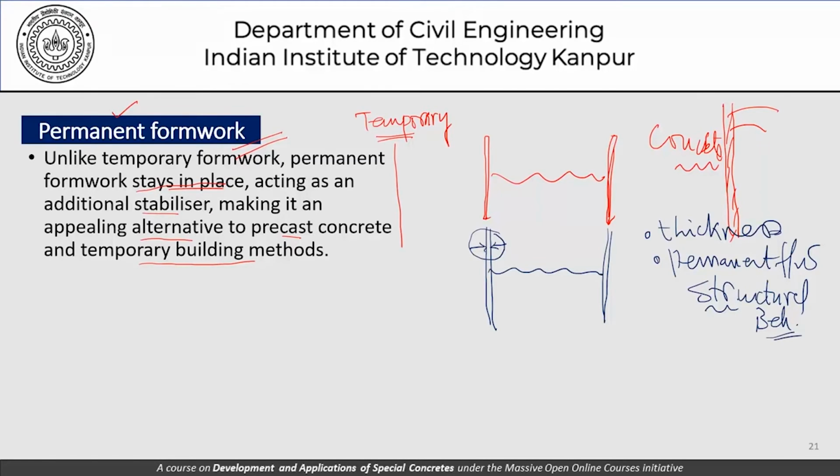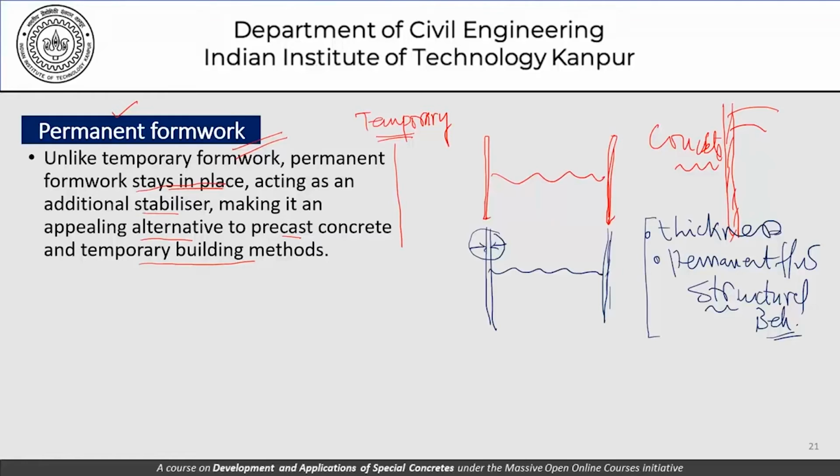That is a decision which the structural engineer will take depending on the properties of the permanent formwork. So those are details which we can work out as we go along, but we are trying to just explain to you the possibility of using permanent formwork as part of reinforced concrete construction.